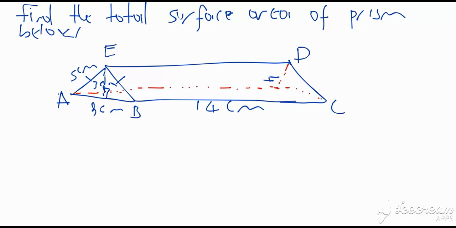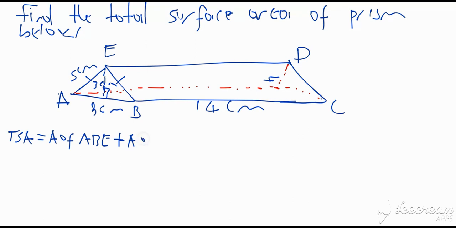Good. Now, my total surface area, which I'm going to shorten and call TSA, would be the area of, of course, the two triangles. And we can always start with the uniform cross section because that is always easier to work with. So it would be the area of ABE, plus, and note that these two faces are the same area, so we can simplify as the area of one multiplied by 2. But let's just lay out everything.